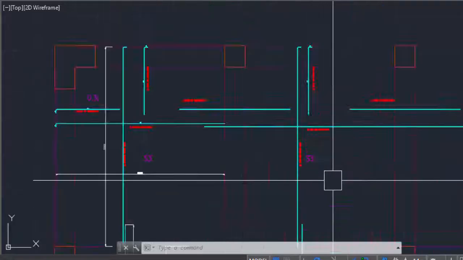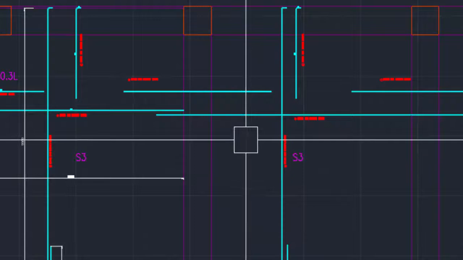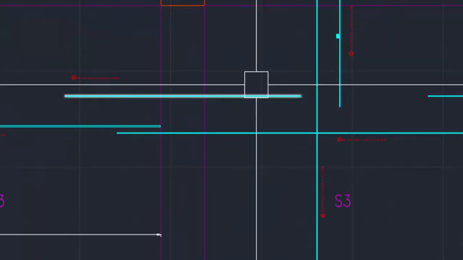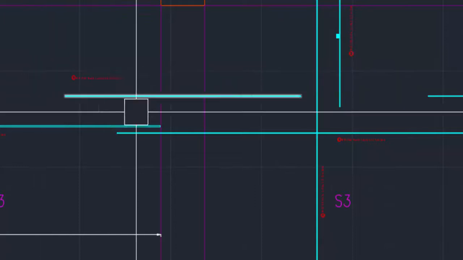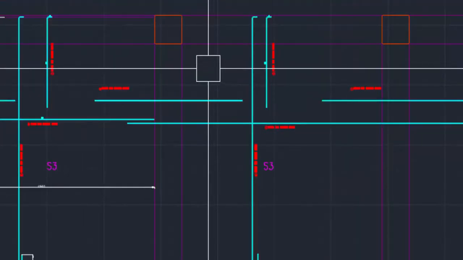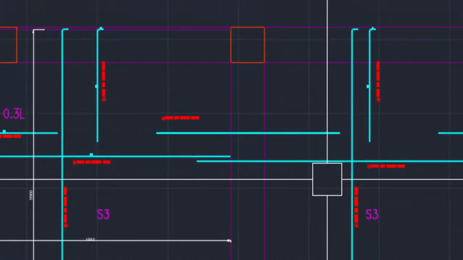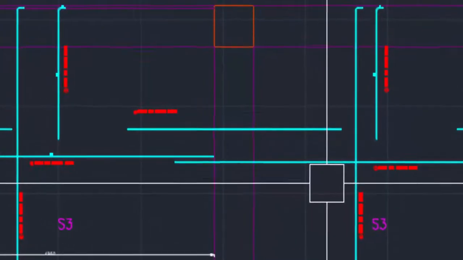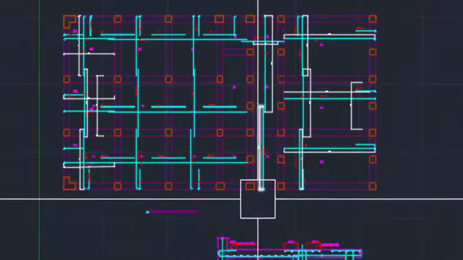L1 means length of the left side and L2 means length of the right side. This is 0.3 L2, 0.3 L1. So for the left side you always need to take the left side dimension, and for the right side you follow the right side dimension.